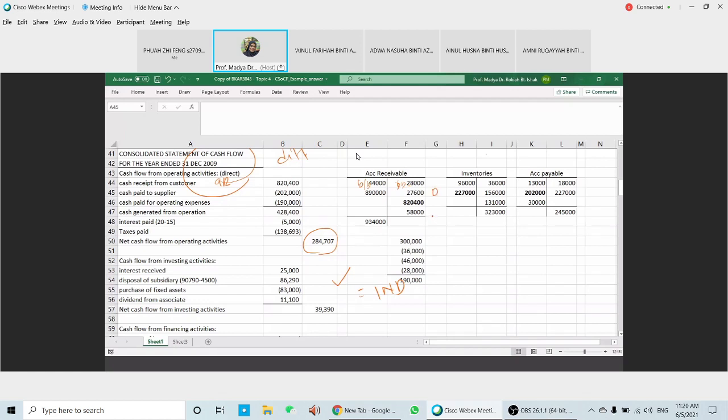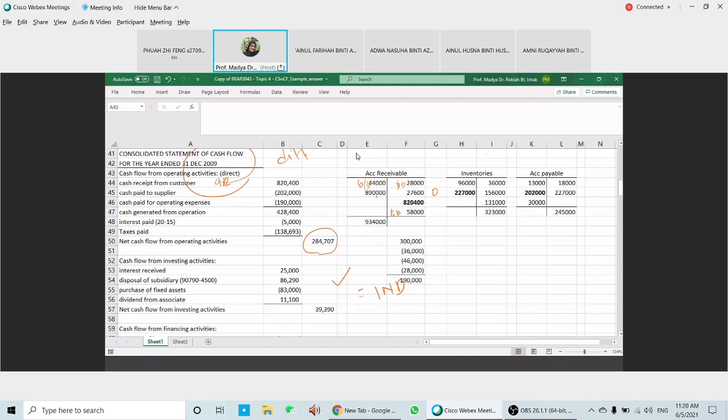Okay, and then 58, what do you have for 58? Beginning balance 18. This one is the beginning balance, bad debt, and then this one is your ending balance that we have here.